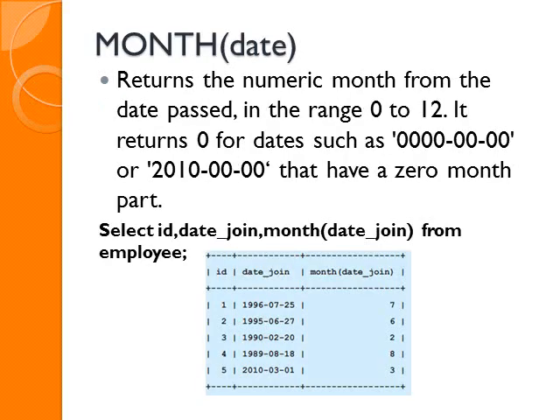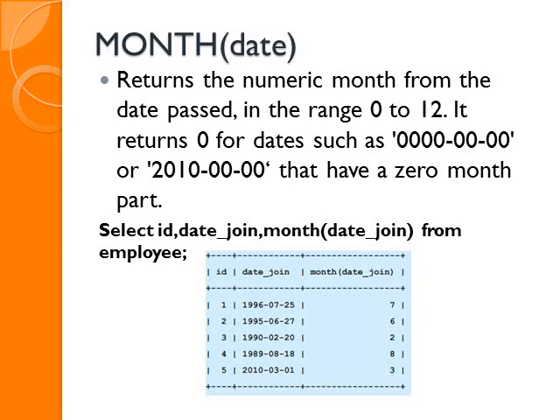MONTH function. It takes a date as an input and returns the numeric month from the date which is passed as an argument, in the range 0 to 12. It returns 0 for dates such as 0000 or which have a 0 month part.